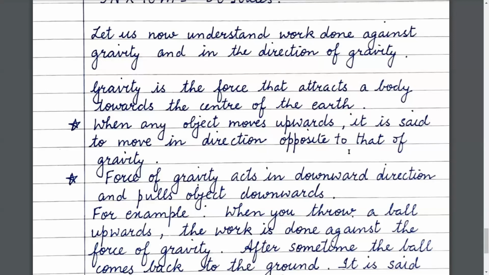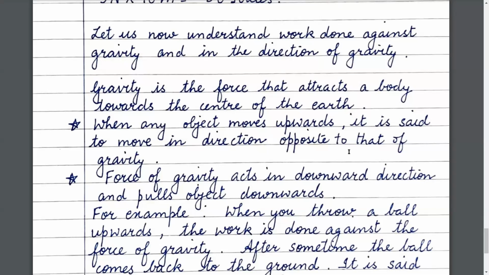Let us now understand work done against gravity and in the direction of gravity. Children, gravity is the force that attracts a body towards the center of the earth.